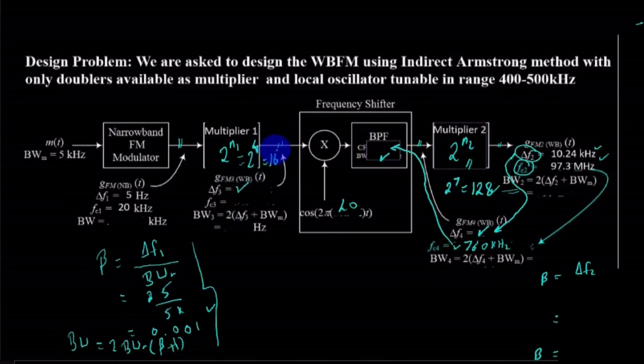Remember, this value would not be changed because of the frequency shifter, since the deviation is not changed by the frequency shifter. So the value of bandwidth, which I have put a sign here, and fc4, delta f4 would be same, right? So with this, we have concluded all the blocks.